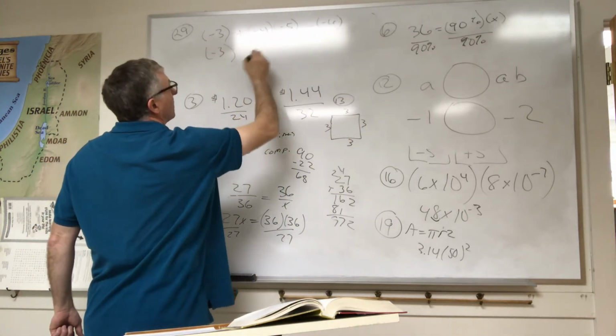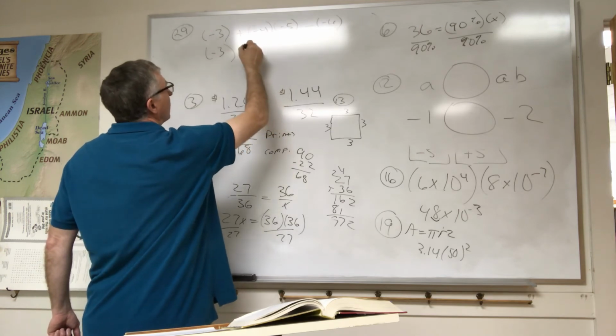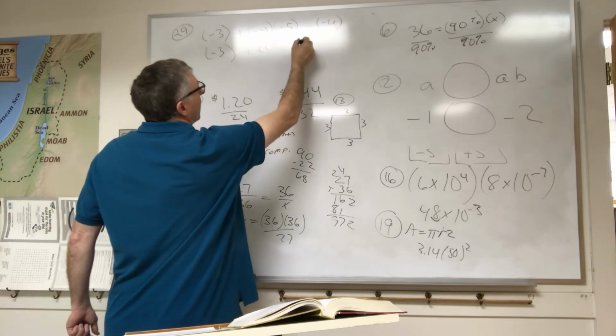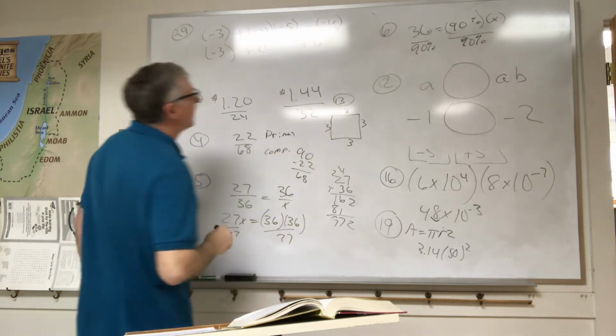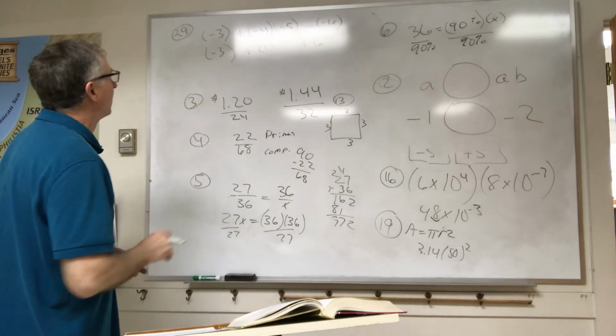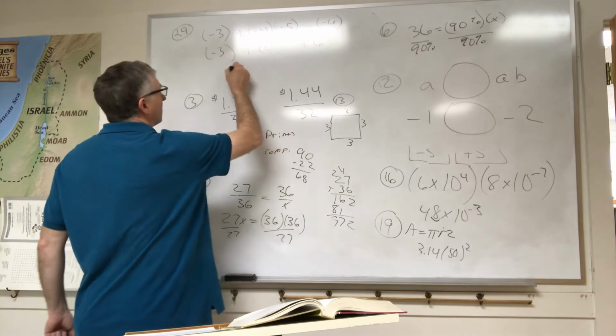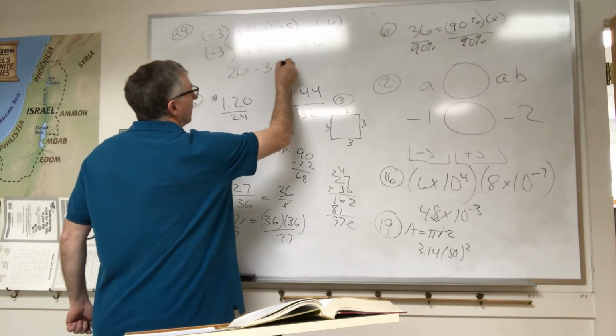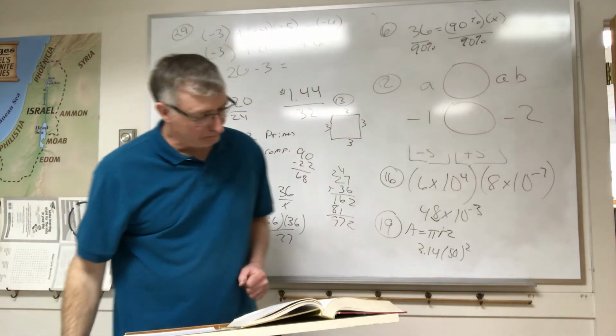So -4 times a -5 would be a positive 20, and then a positive 6 because you have 2 negative signs, so the 6 becomes positive. And so I have 26 minus 3, and I'll let you take it from there.